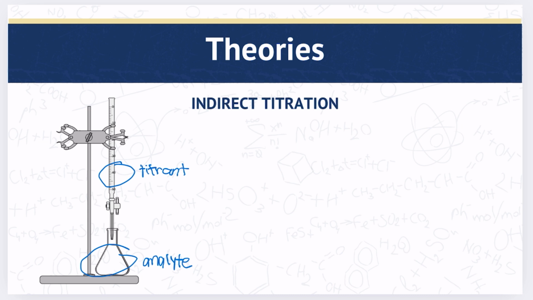But you have another reagent that you can react with something else to give you that titrant you need. And so what you do, you'd first chemically react the reagent you have to get the titrant you need. And that particular product, the titrant, is what you use to determine the concentration, the amount of your analyte in that solution. So that's the gist of indirect titration.